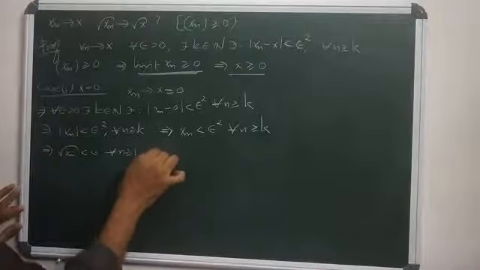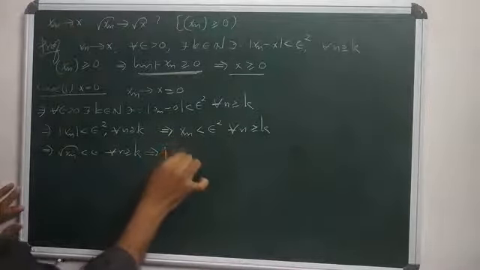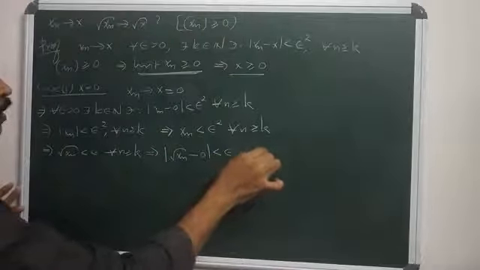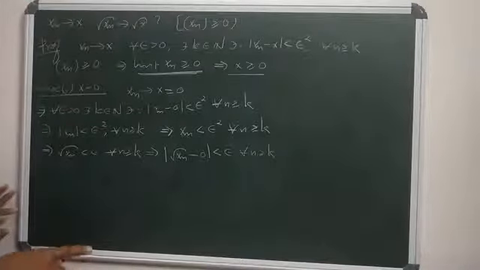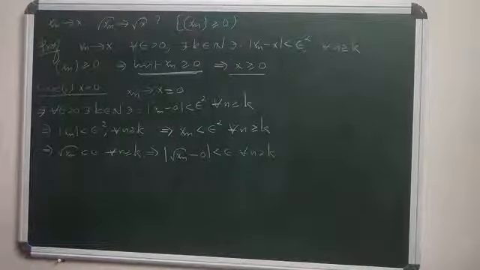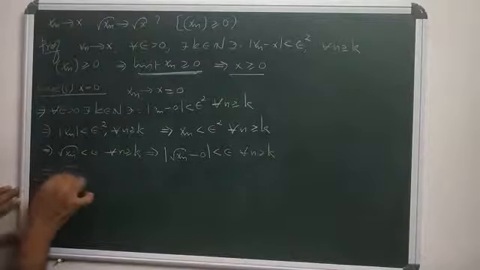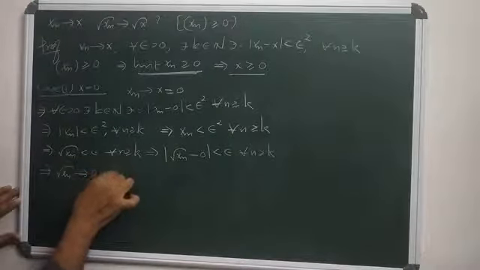Root xn < epsilon means |root xn - 0| < epsilon for all n >= k. Since xn is a sequence of non-negative reals, root xn is also. So root xn converges to 0.